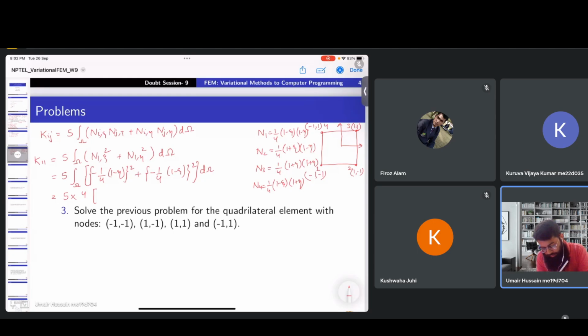The first term becomes minus 1 by 4 squared, that is 1 by 16, and 1 minus eta squared becomes 1 squared. Then this term also becomes 1 by 16 times 1 minus xi squared, and xi is 0, so it becomes 1 squared. So 5 into 4 into 2 by 16. So we have here 5 by 2.